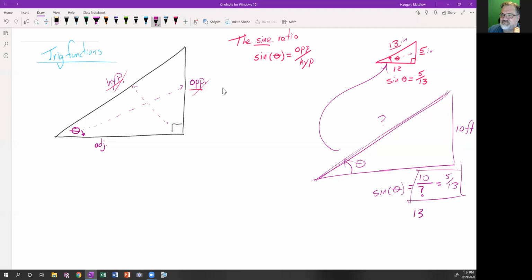Now this might seem similar to when you worked with similar triangles, when you did other problems in geometry, and it is. Essentially, trigonometry is a somewhat formalized similar triangle argument that's going to be taken to a pretty extreme degree.